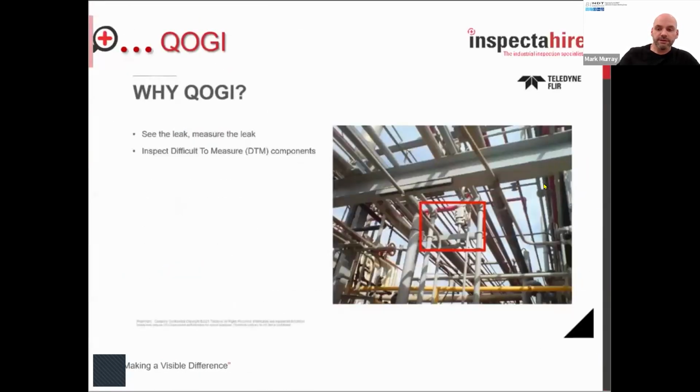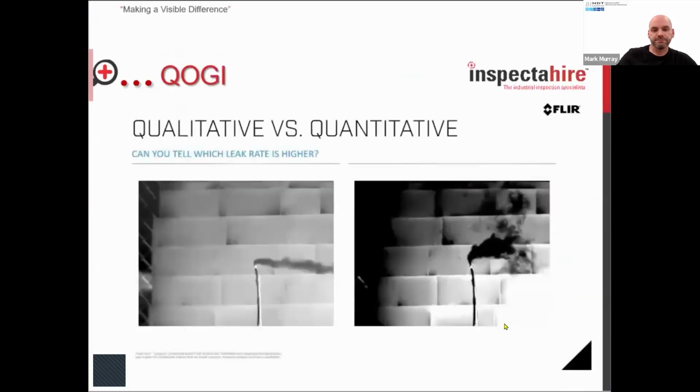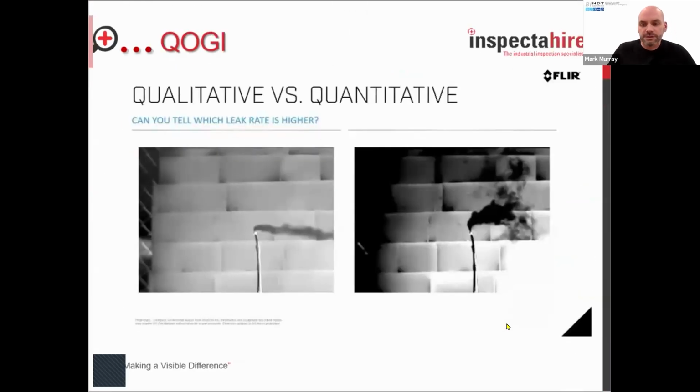And of course, the obvious factor is things you can't get to. So if something's high up or in an awkward position and you can't physically get to it with your other devices, then it's going to remove the need for scaffolding or another means, cherry picker or whatever, to get you up to that emission point.